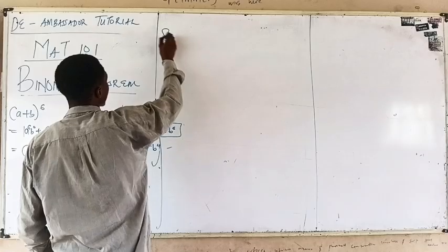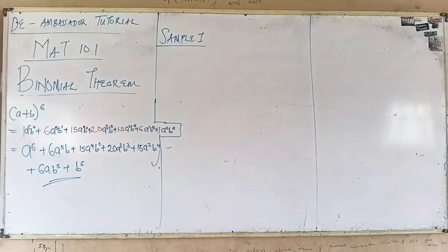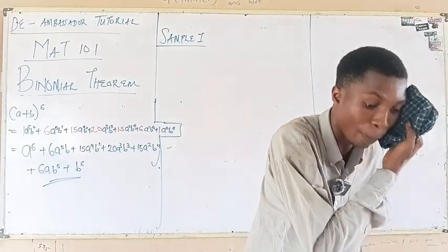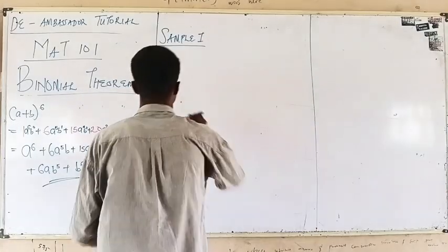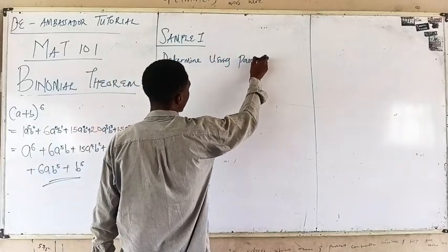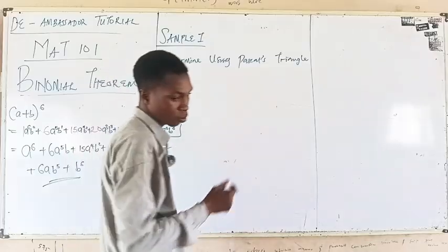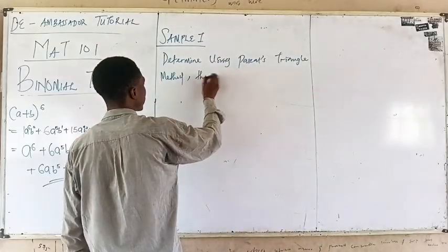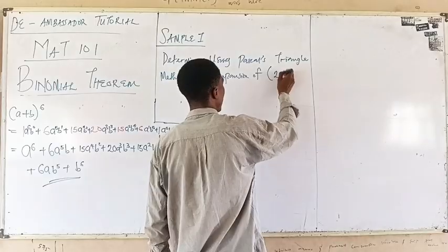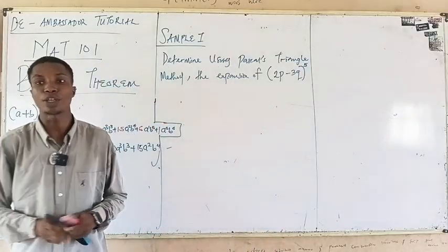Sample problem 1. A question from your exam. It says, determine using Pascal triangle method the expansion of 2p minus 3q in the power of 5.